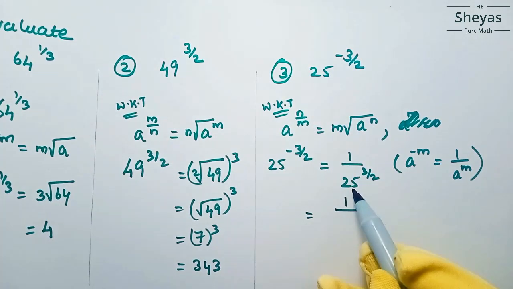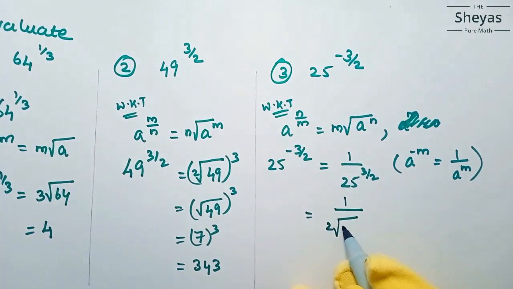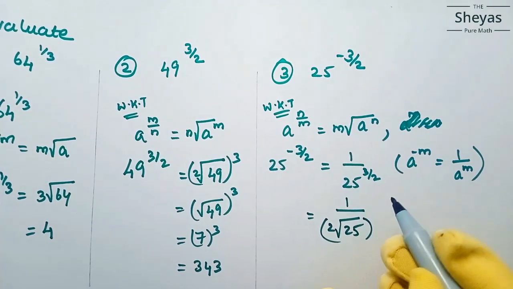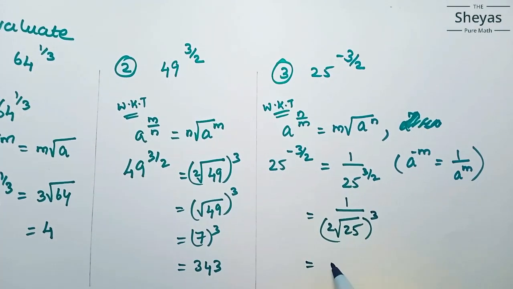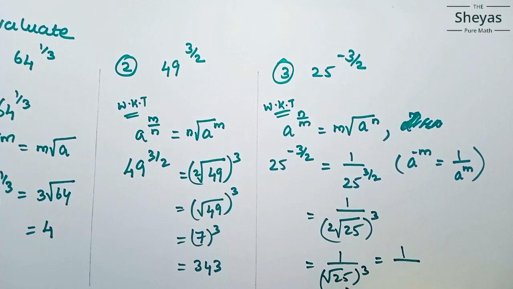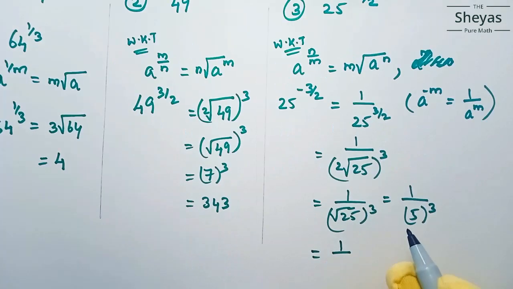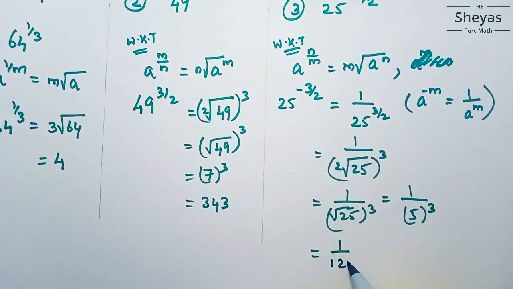Now in the denominator, I am going to apply this formula. So 25 power 3 by 2 can be written as square root of 25 the whole power 3. Okay, so 1 by root 25 the whole power 3. So that is nothing but 1 by 5 the whole power 3, since root 25 is 5. 5 power 3 is 125.